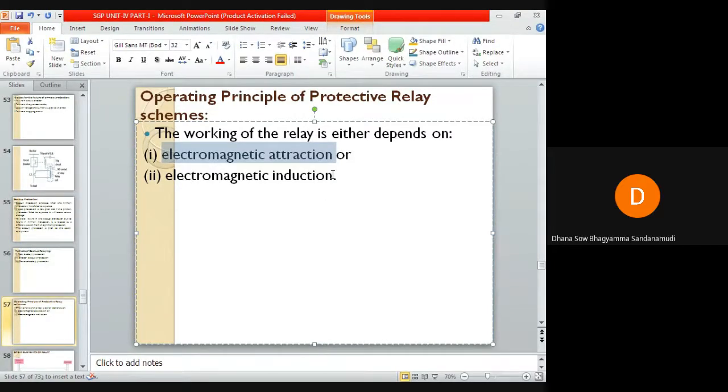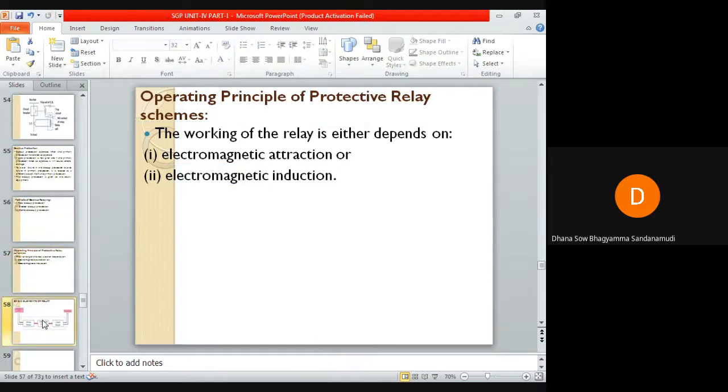The next type of relay is based on the principle of electromagnetic induction. Such relays use an induction motor in which torque is generated by the process of electromagnetic induction. Such relays will work only on AC supply. So the principle of a protective relay can be either electromagnetic attraction or electromagnetic induction.